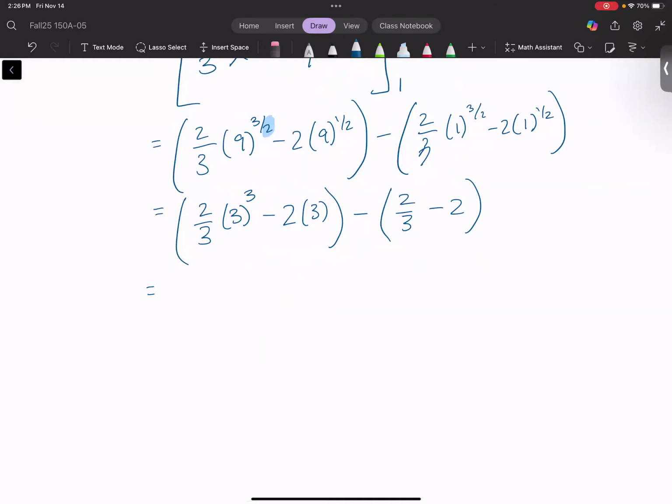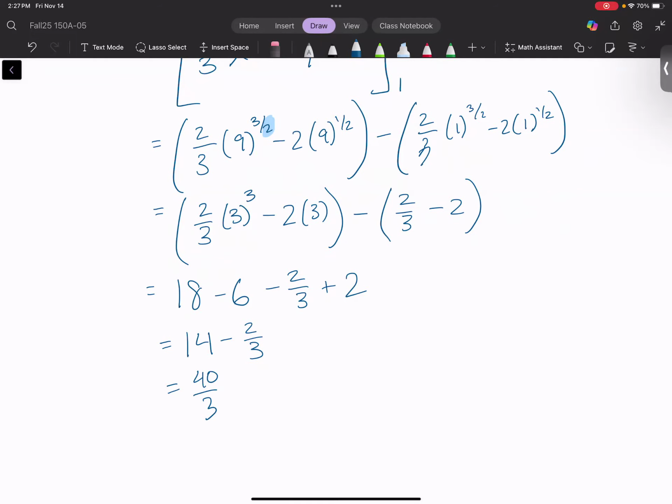So this is 2/3 times 27, which is 2 times 9 is 18, minus 6. Then we can distribute the negative there. So this is 14 minus 2/3. If you get a common denominator, that's 40 over 3.